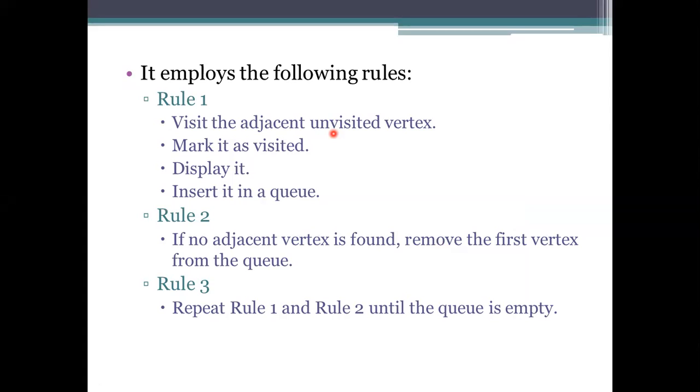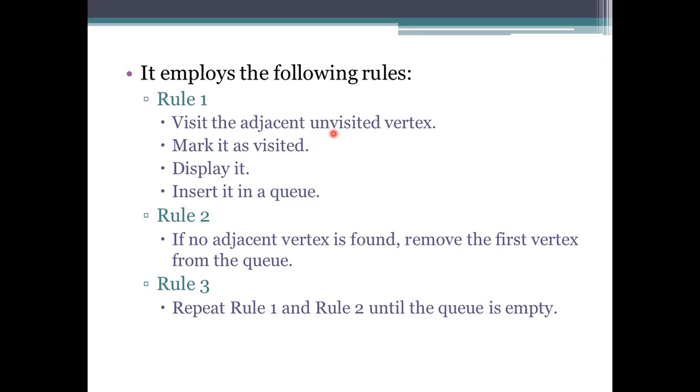So we have to visit its adjacent unvisited vertex. It should be an unvisited one. Then I need to mark it as a visited one, and display it.